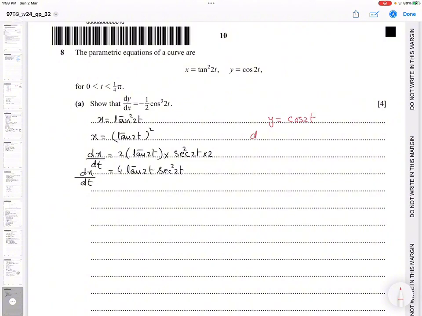So dy by dt is equal to the differentiation of cos of t, which is negative sine of t. So write negative sine of 2t into differentiation of 2t, which is 2. So your dy over dt is minus 2 sine of 2t.